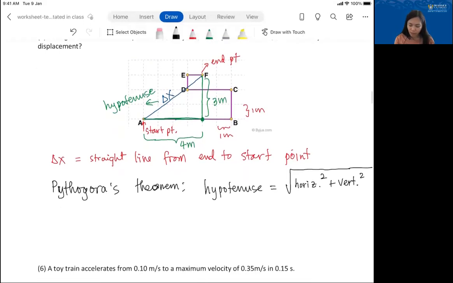So from there, we can calculate the displacement. Displacement is therefore square root of 4 squared plus 3 squared, right? That should give you 5 meters. Don't forget the unit.